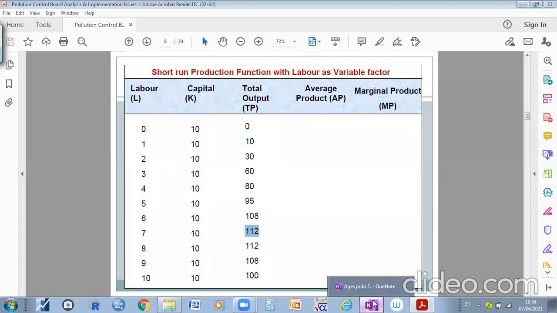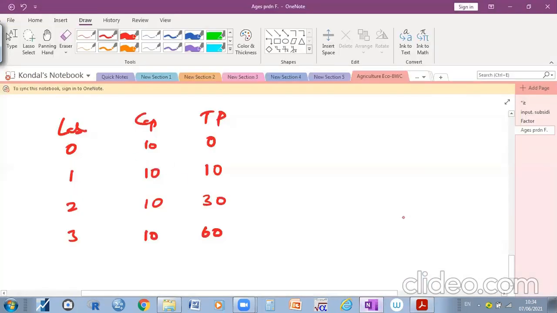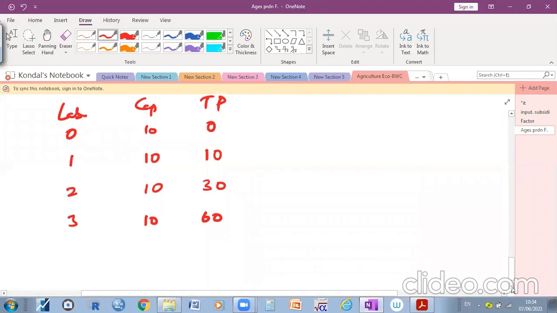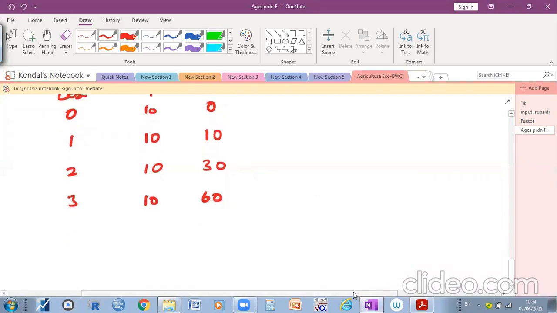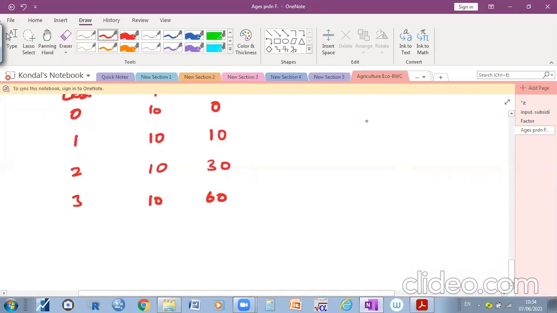For example, in your agricultural sector, in your farm, in your field, when you use the labors, the output increases. So generally, when you increase the labor, the output increases. But at a certain level, the output is 112.